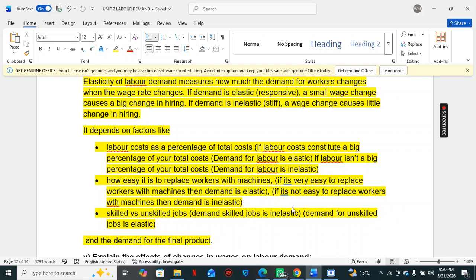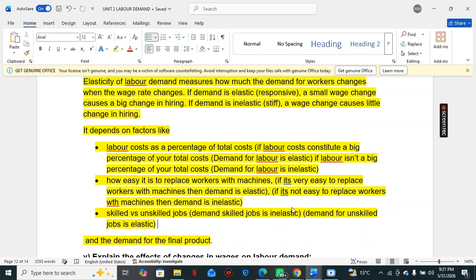So you can easily replace these workers or get rid of them because their skills are not a vital part of the organization. If their wages increase, you can get rid of some of them, and the organization will still run properly. If your firm has, let's say, 10 garden boys and the minimum wage for garden boys increases, your firm can say, let's get rid of four garden boys and remain with six, and you find the operations of the firm won't be greatly affected.